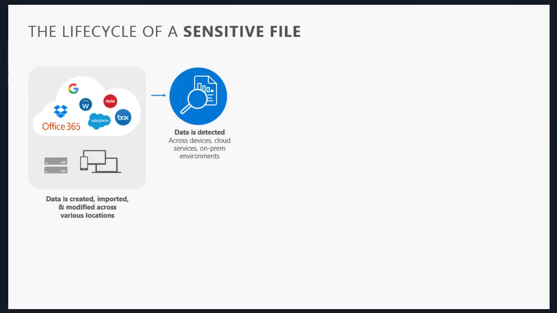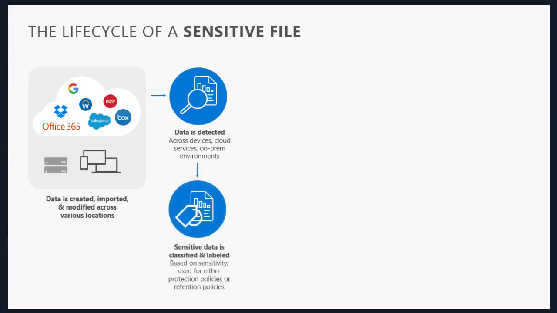And as you can see here, data can exist on-prem, data can exist on the devices itself, and more and more we're seeing data persist across third-party ecosystems. So cloud applications, Google, Dropbox, Workday, Salesforce, just a number of places where data can end up, even if it was originated in the perimeter itself.